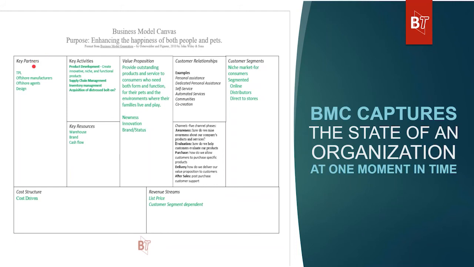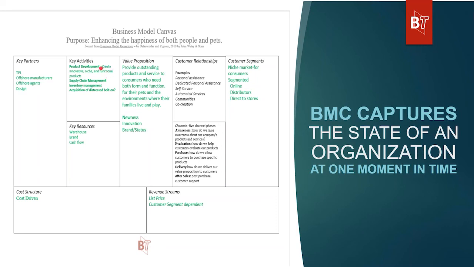Absolutely. So in key partners, their third-party logistics operation is a key partner. Their offshore manufacturers are key partners. Their offshore agents are key partners. The design studio that helps them are key partners. Those are just a few of them. The activities that they determine are key is to create and innovate niche functional products.